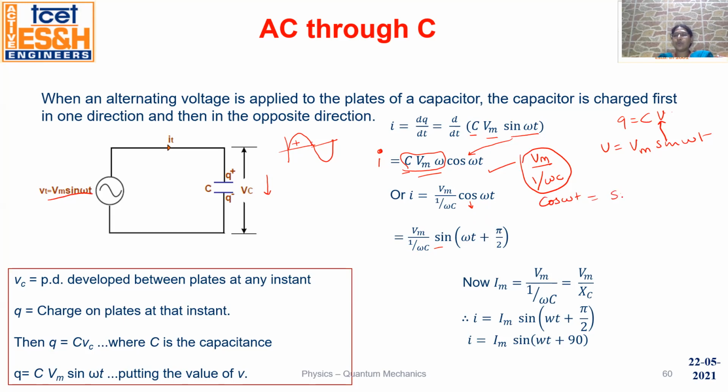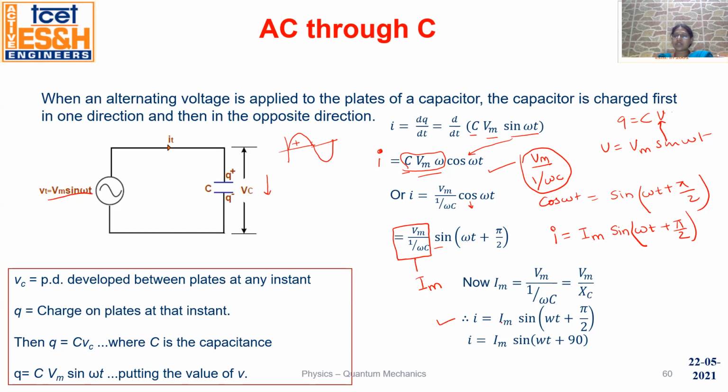This is the equation. So from this equation, we assume that this is the value of Im. So our basic equation of current is I is equal to Im sine omega t plus pi by 2.